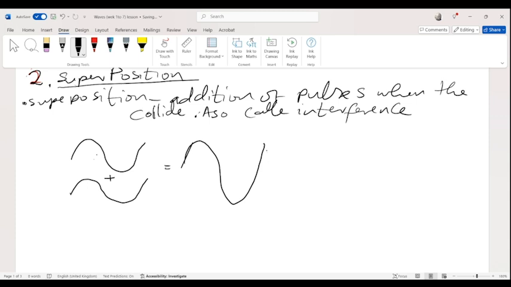The amplitude will be the sum of the two amplitudes. If it's x, it will be x plus y. That will be the amplitude. And this is called constructive interference.